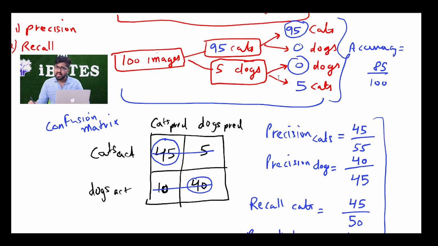So basically I am telling all of my points as cats. Now let us see what our confusion matrix would look like. Out of those actual 95 cats, I predicted 95 as cats. I was not predicting dog anytime, and out of the 5 actual dogs, I predicted them also as cats.